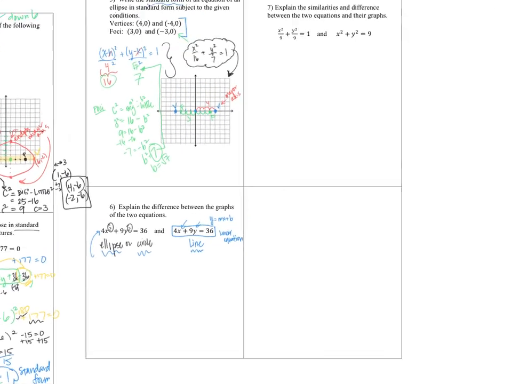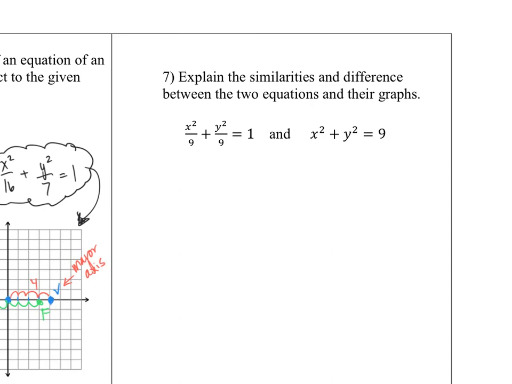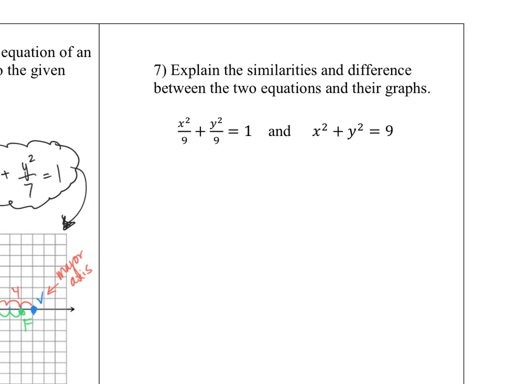So then the next question, number 7, what similarities and differences? So just looking at them, if I'm thinking about the differences, I know that the first equation, well, it says equal to 1, and this one is equal to 9. So at first glance, the first equation looks more like an ellipse, and the second equation looks more like our circle equations that we've had.